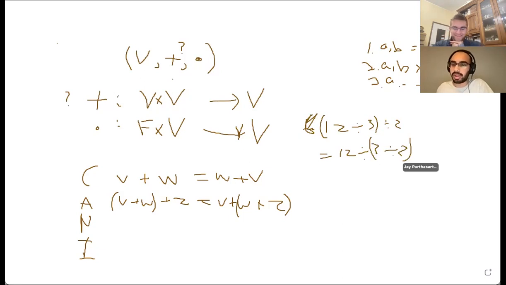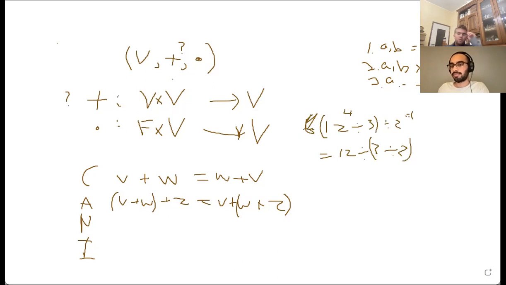I should have picked something better, but I failed. But I guess if you put the 2 first, it would have worked. But my point is it doesn't work, because this would be 4, and then that would be 2 at the end. And then here that would be 12 divided by 1.5, which is some other number.